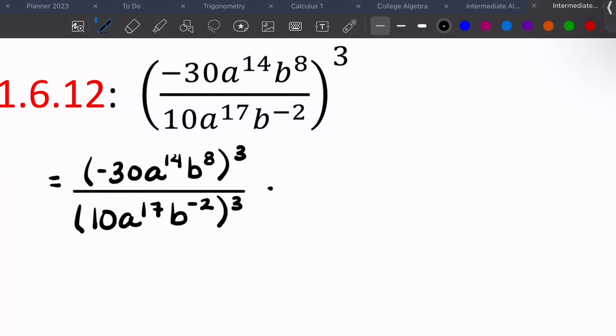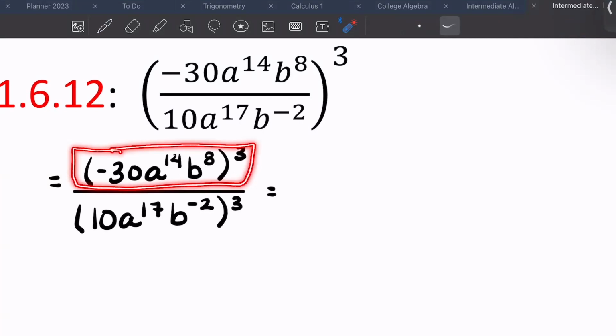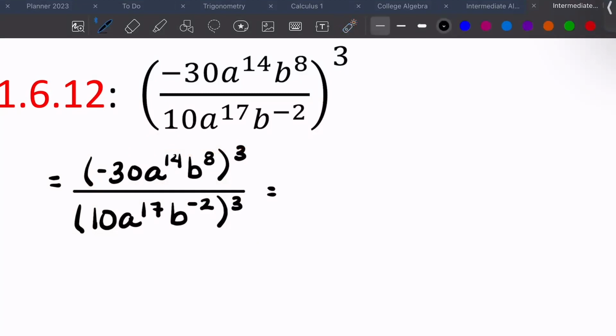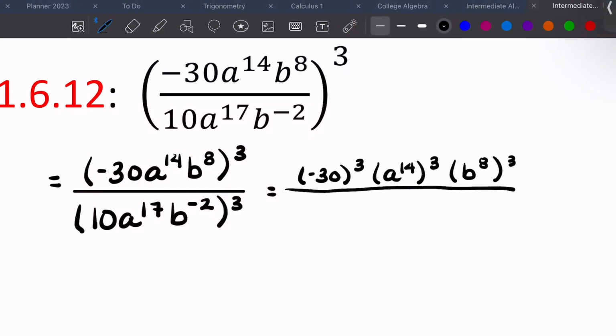Now look individually here and here. Power rule. You need to take 3 to each. So we need to say -30 cubed, a to the 14th cubed, b to the 8th cubed. Same thing on the bottom.